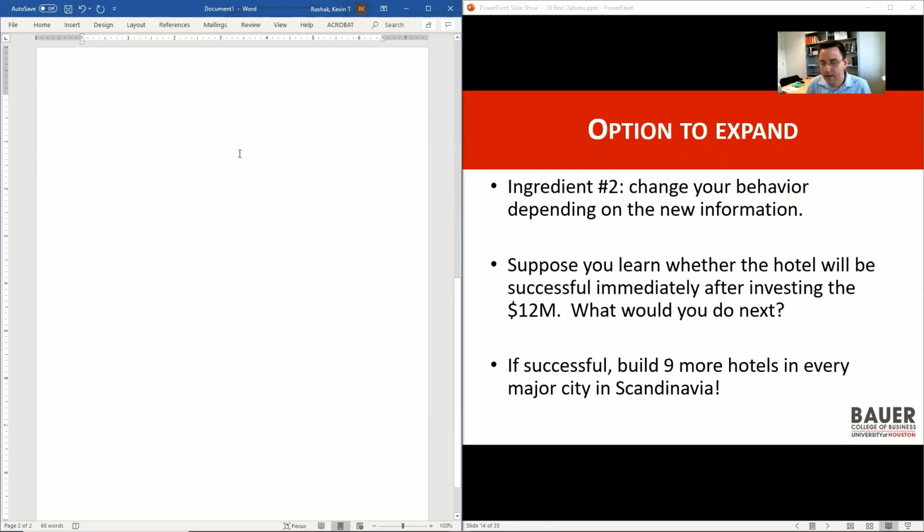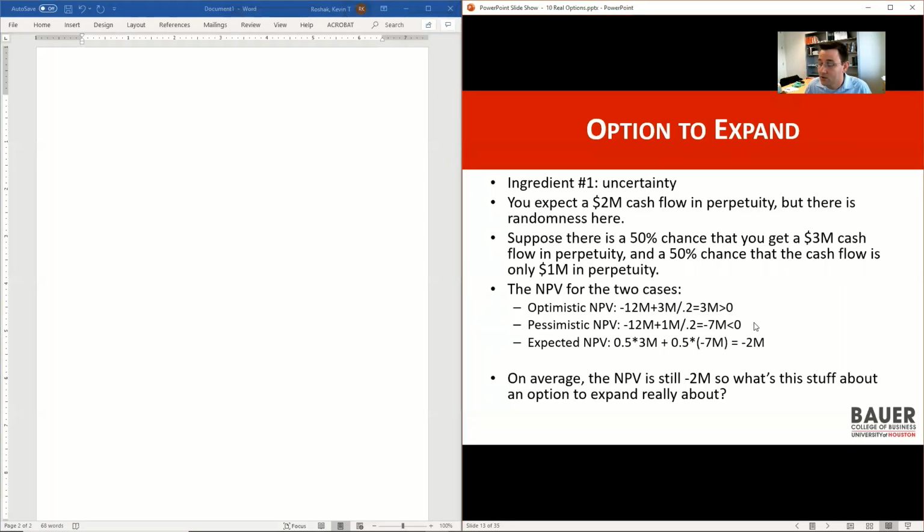If things are good, then you get an NPV of 3 million. If things are bad, you get an NPV of minus, what do we say? Minus 7 million. If we're in this good state, what we're going to do is we're going to build 10 hotels instead of just the 1 hotel.